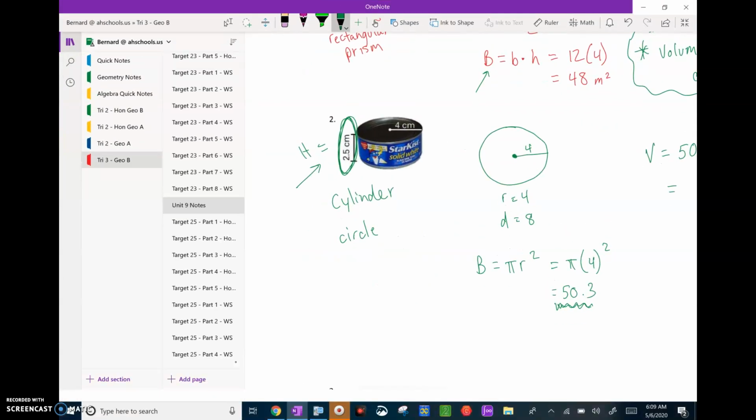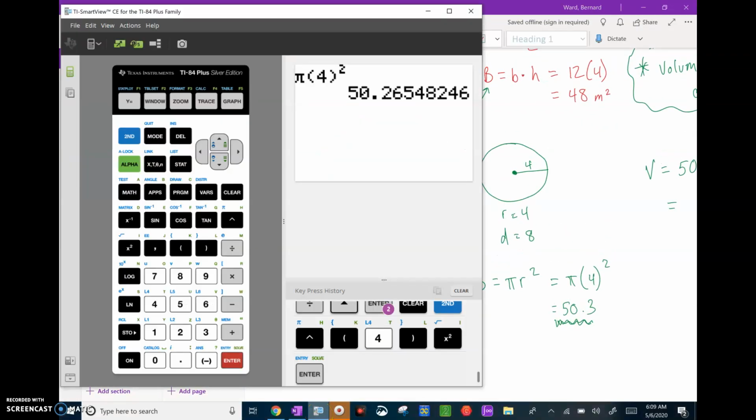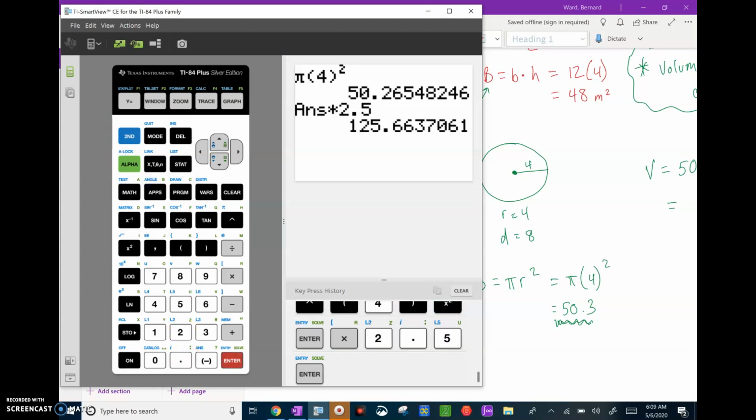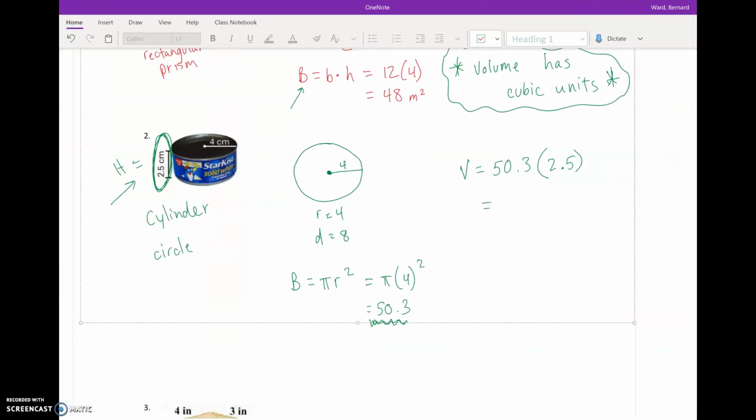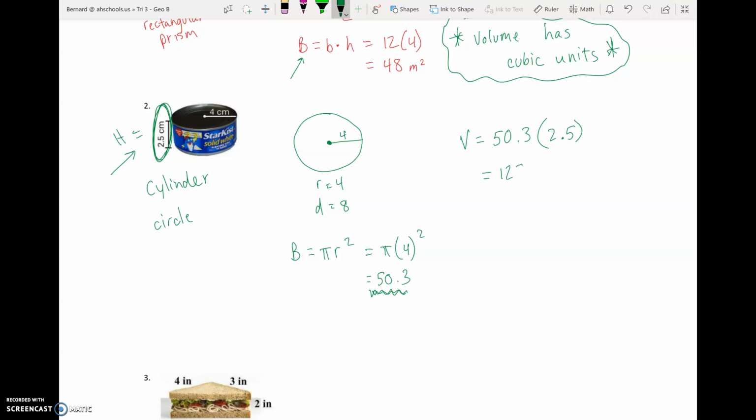I'll even go back to my calculator this time. So my 50.3, I'll just hit times, and I'll do 2.5, and we get 125.7 roughly. And centimeters cubed, centimeters to the third power for volume.